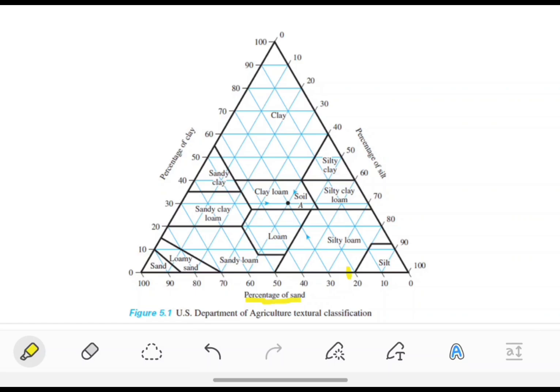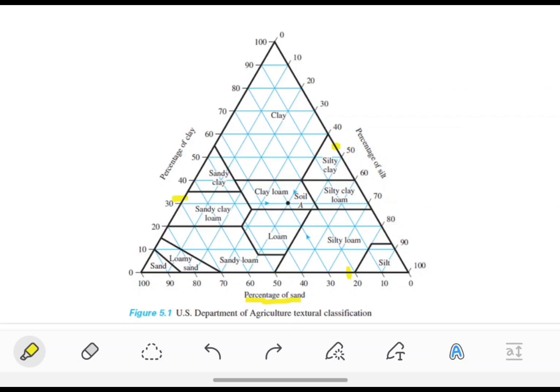So 45.56 will lie in this point, and finally we get clay percentage. This is 32.22%. 32.22% will lie in this point.